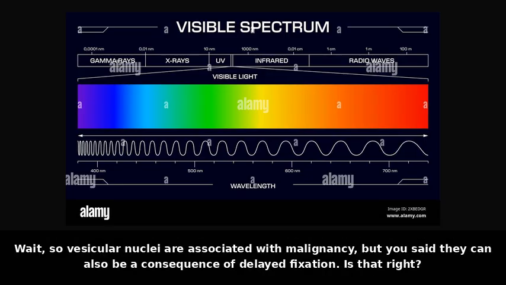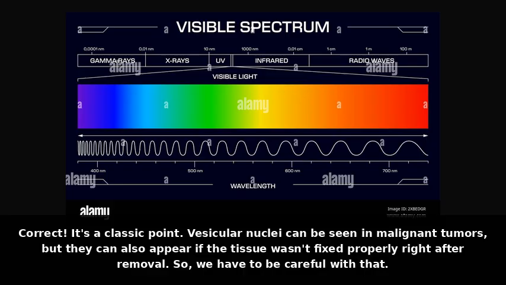Wait, so vesicular nuclei are associated with malignancy, but you said they can also be a consequence of delayed fixation. Is that right? Correct. It's a classic point, and vesicular nuclei can be seen in malignant tumors, but they can also appear if the tissue wasn't fixed properly right after removal.